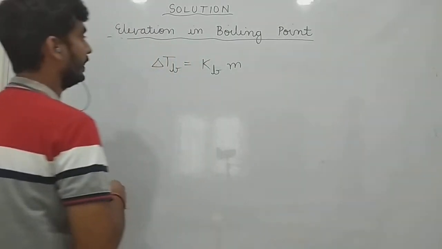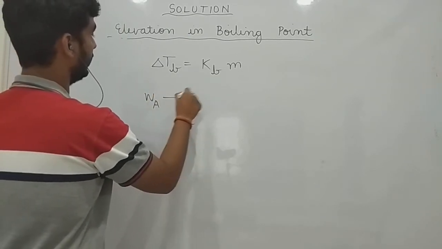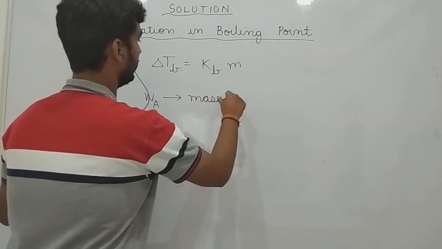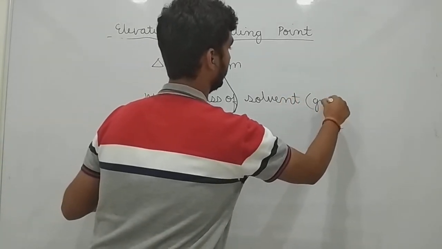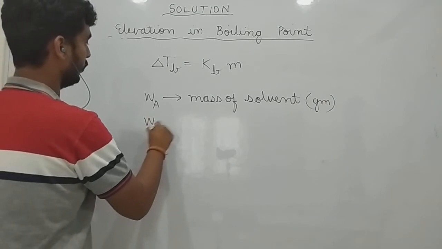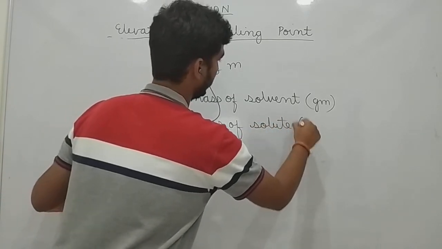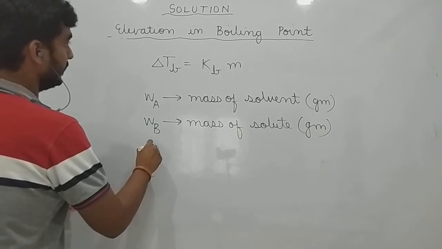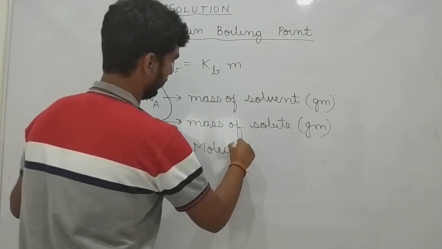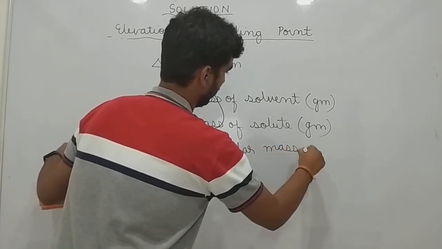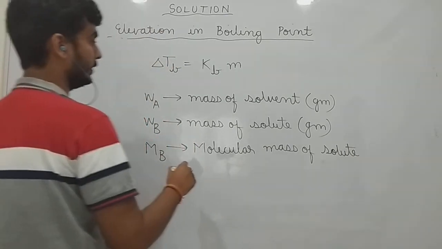As you know what molality is, suppose WA is the mass of solvent in gram, and WB is the mass of solute in gram, and MB represents the molecular mass of solute, or gram molecular mass, which will also be in grams.